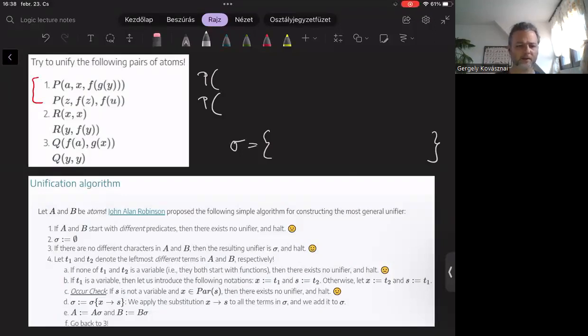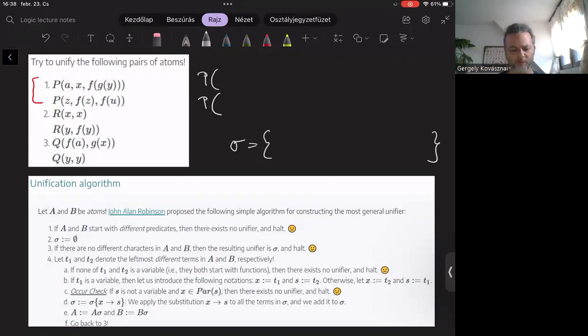At the very end of the algorithm, if we successfully found a unifier, the unifier will be in this sigma set of substitutions. Anyway, we will see how to do that.